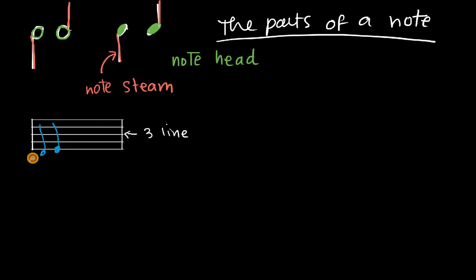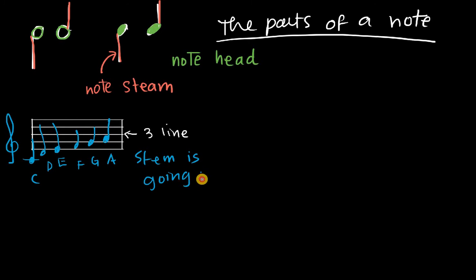If you remember, if we're in the treble clef, C, D, E, F, G, A. All of these notes, the stem is going up. Sorry, I spelled this steam. It's stem. Alright.